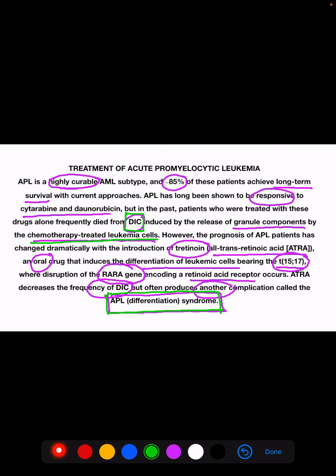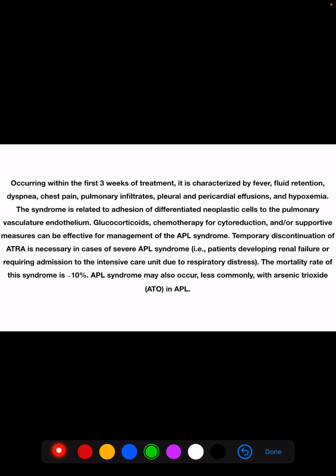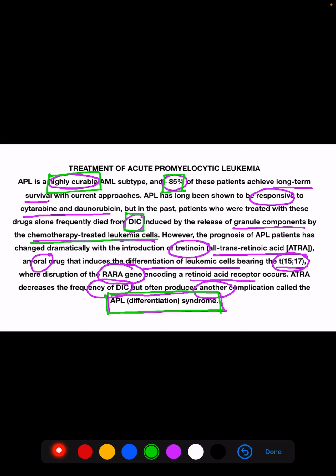It was DIC. And the long-term survival with this type of leukemia is 85%, so it is highly curable.